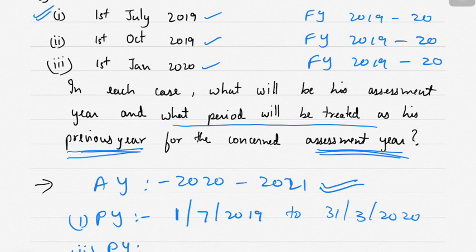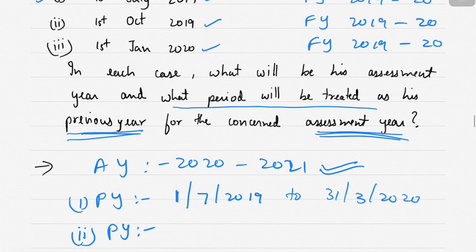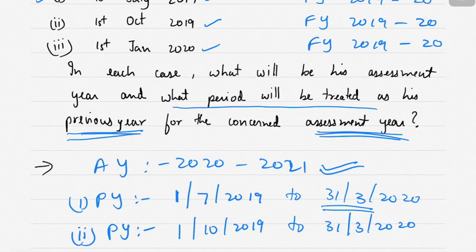So previous year will be from 1st October 2019 to 31st March 2020. The year ends on 31st March, right? And the year usually starts from 1st April, but here in this case the business has started on 1st July. So the day the business starts, the year also starts on that day.